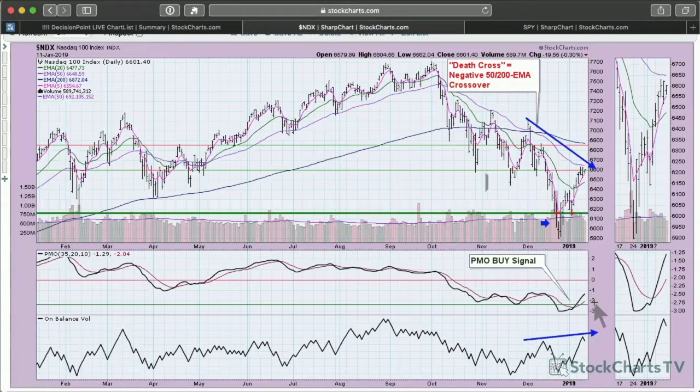No, it's just that normally when you have a positive divergence against price, you would have a higher high to go against a lower high or a double bottom on the price. Mm-hmm. And the reverse would be true. I mean, the opposite would be true if you were looking at a negative divergence.